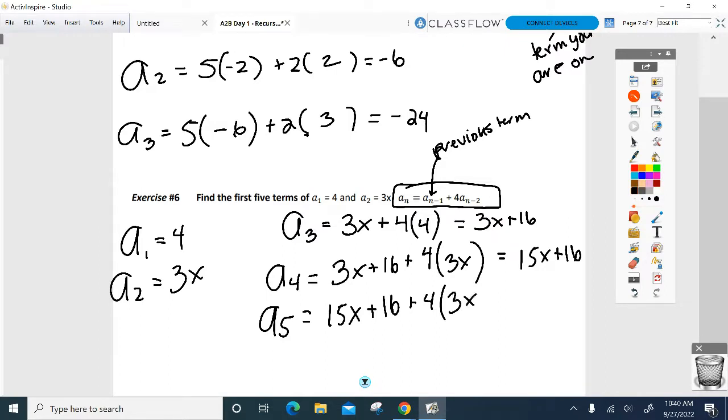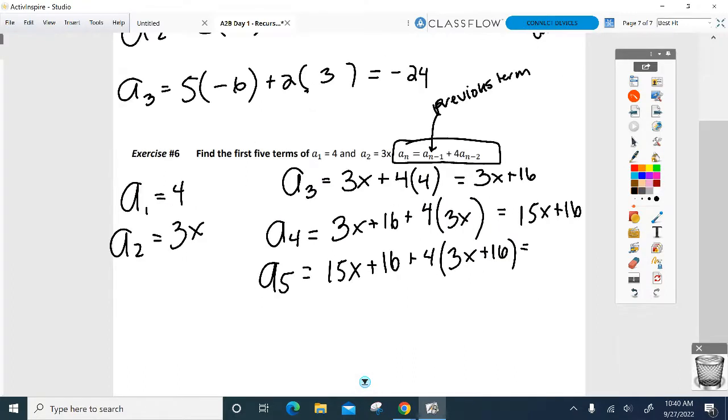Yep, so everyone make sure you please distribute 4 before combining your like terms. And I'm looking at 27x plus 80.